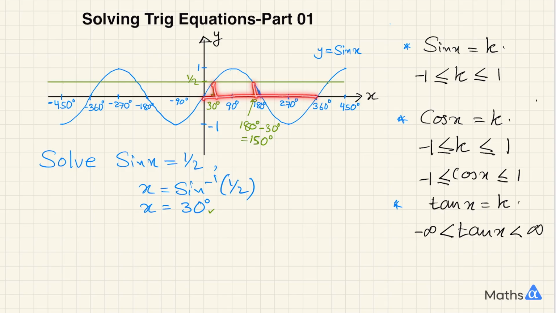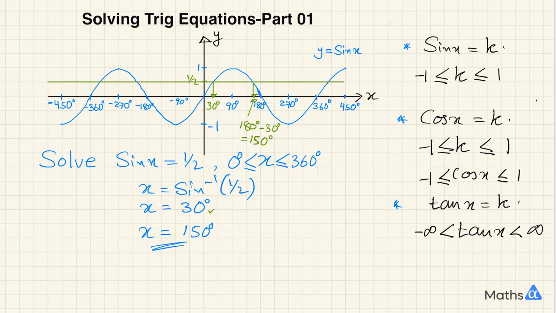So we're going to solve this equation in this interval, x greater than or equal to 0 and less than or equal to 360 degrees, up to here. When they ask you to solve in this interval, we can write the solutions: x equal 30 and another solution, x equal 150.